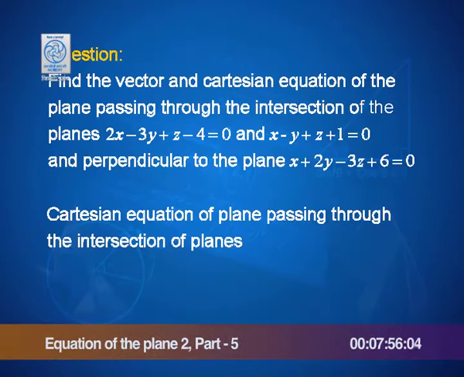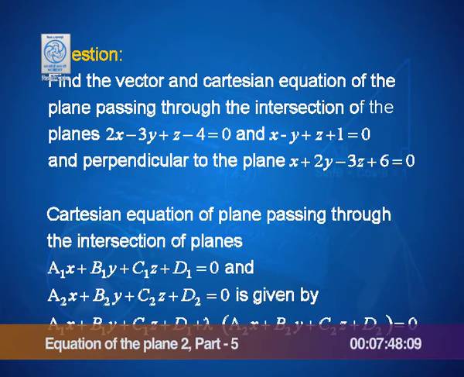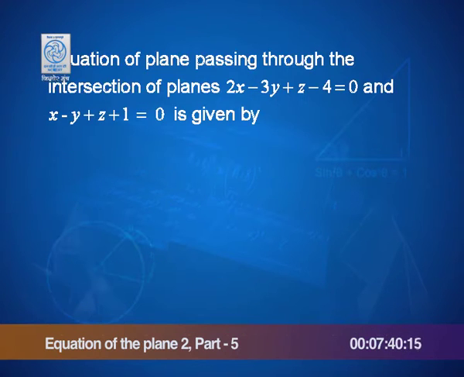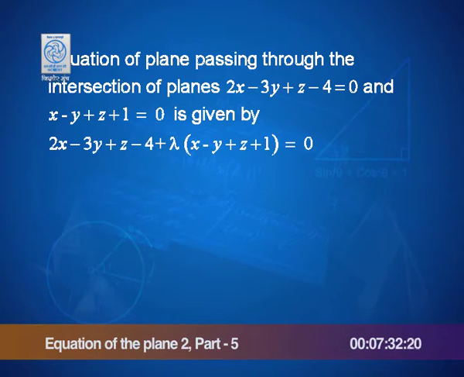Knowing that given the Cartesian equations of the two planes, the family of planes passing through the intersection is the same as a1x plus b1y plus c1z plus d1 plus lambda times a2x plus b2y plus c2z plus d2 equal to 0, we have the equation of the plane passing through the intersection of the two given planes as 2x minus 3y plus z minus 4 plus lambda times x minus y plus z plus 1 equal to 0.